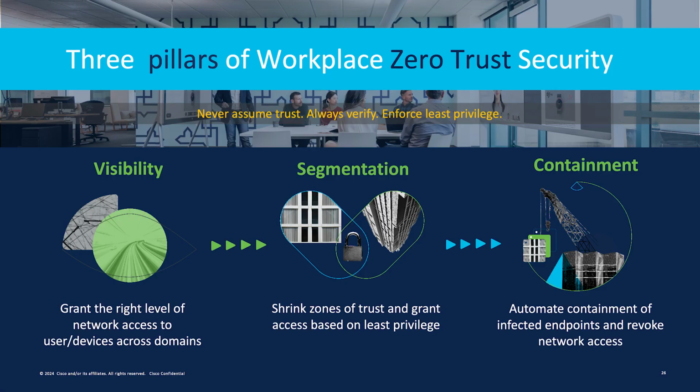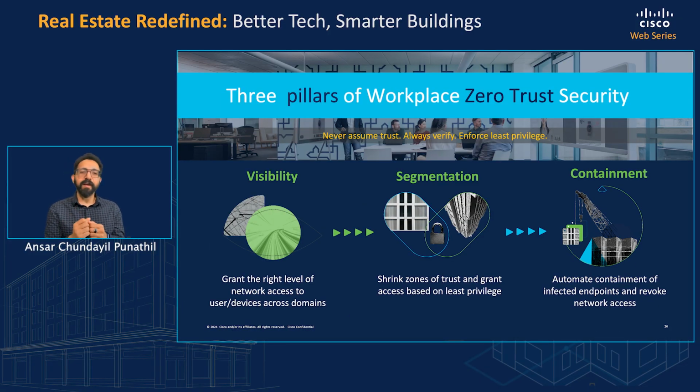Now, the foundation of zero trust is to get comprehensive visibility into your network environment. This actually involves identifying and authenticating all the users and devices attempting to access your resources. By understanding who and what is on your network, you can really make informed decisions about your access controls. Once you get that good network visibility, you can implement segmentation.